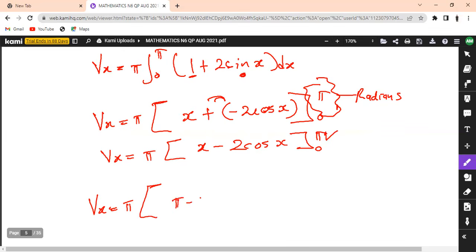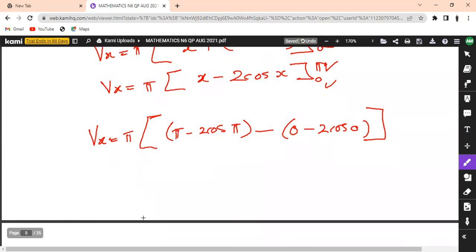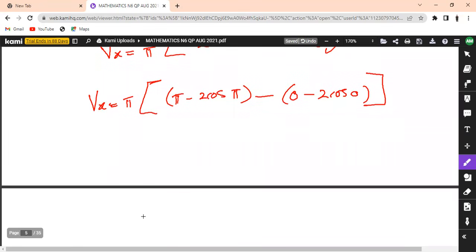So you're going to have pi minus 2 cos pi, close the bracket, minus the lower limit, which is 0 here. So it's going to be 0 minus 2 cos 0. Whenever you're dealing with trig, do not assume that whenever there's a 0 here, your answer is going to be a 0. No, never assume that. Use your calculator properly so that you don't lose marks for assuming other things.